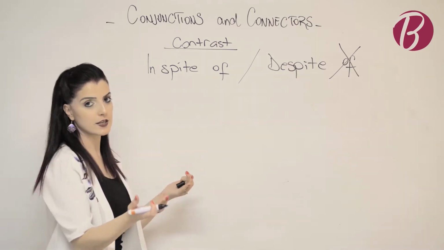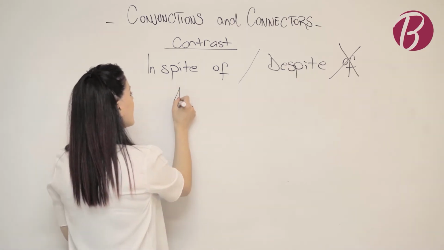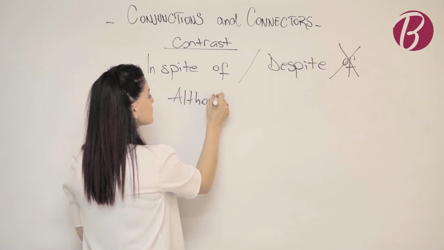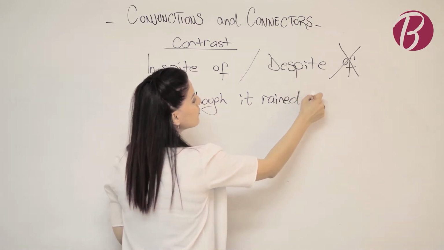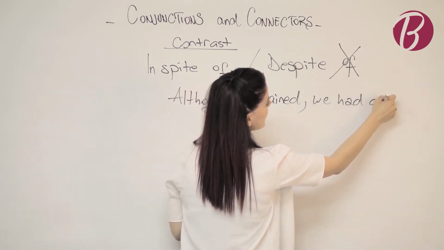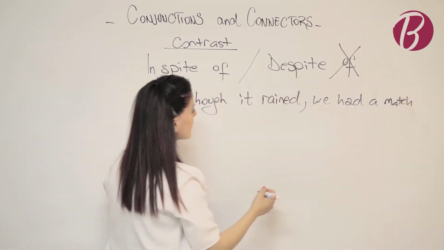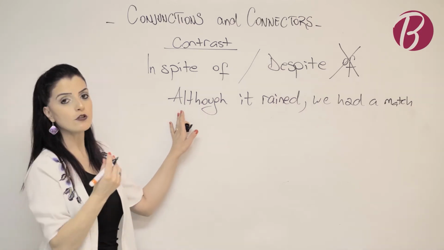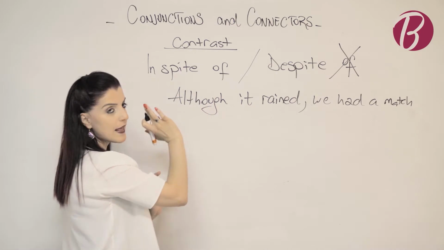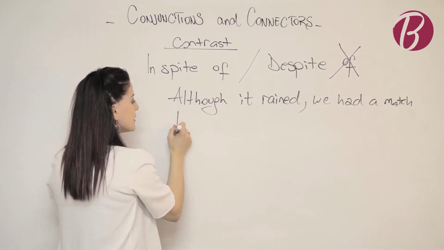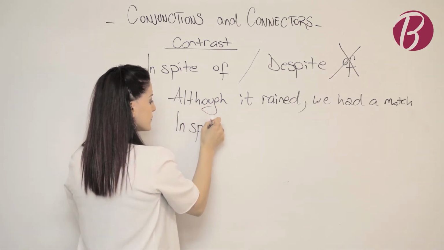Let's see how we use them. Although it rained, we had a match, a wonderful match. Instead of although, how can we use it? When we use one of them, it doesn't matter. Let's choose in spite of.